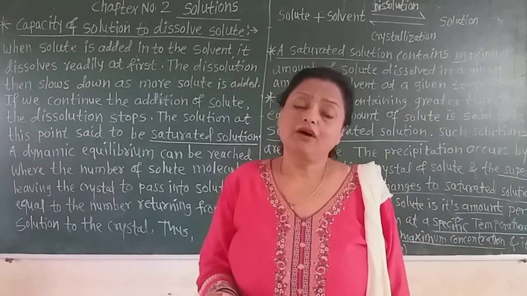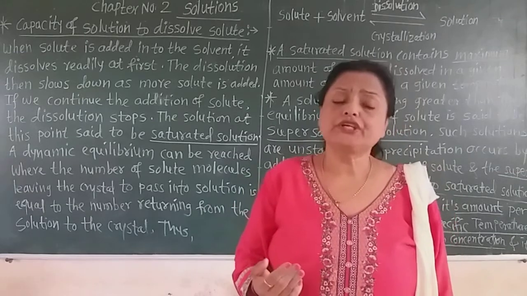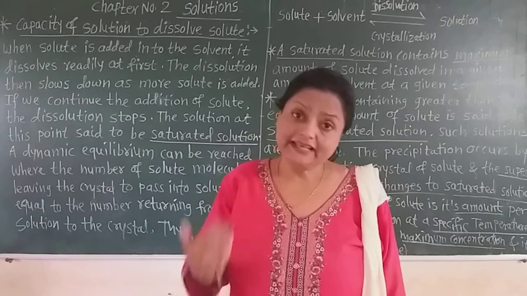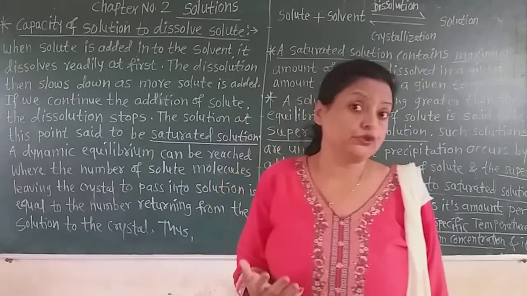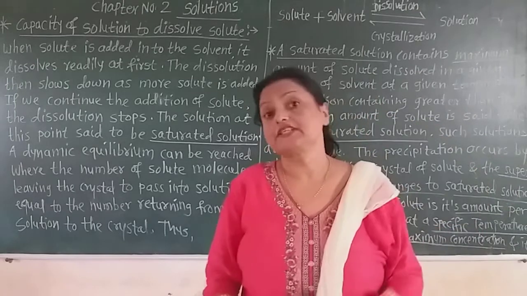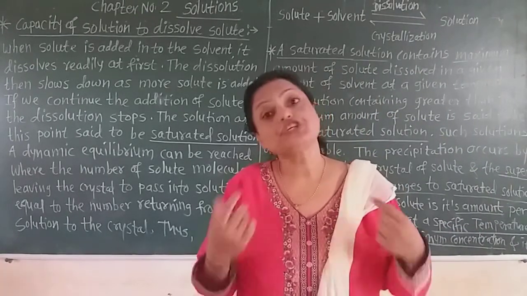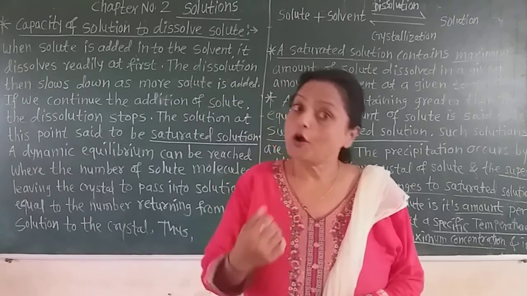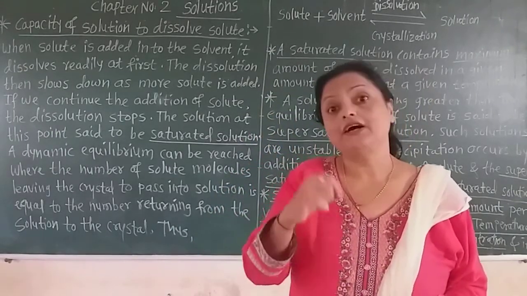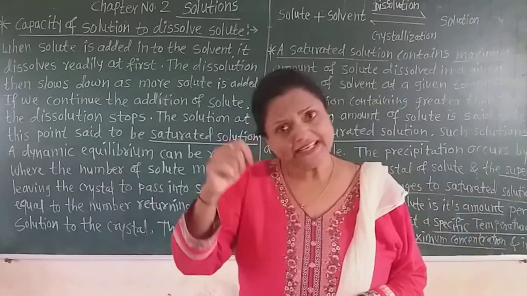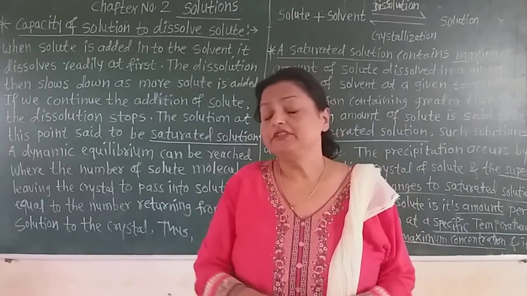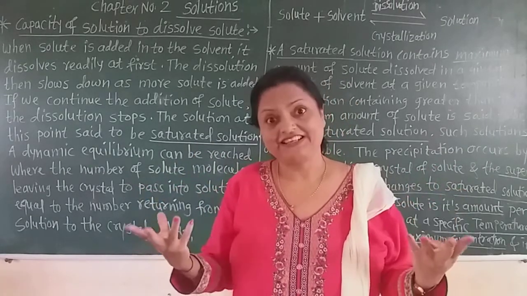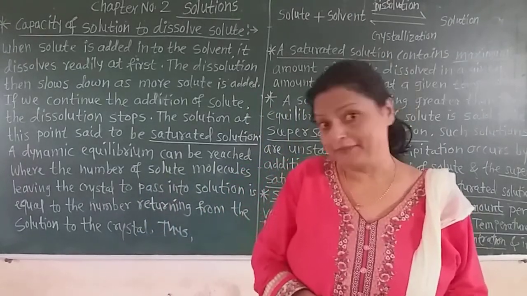But if we add solute into that solution more and more, then the particles of solute, the crystals of solute, remain as they are. Such a solution is called a supersaturated solution, and if we add some tiny crystals of solute into that supersaturated solution, so many crystals of solute get precipitated out, and only the saturated solution remains.